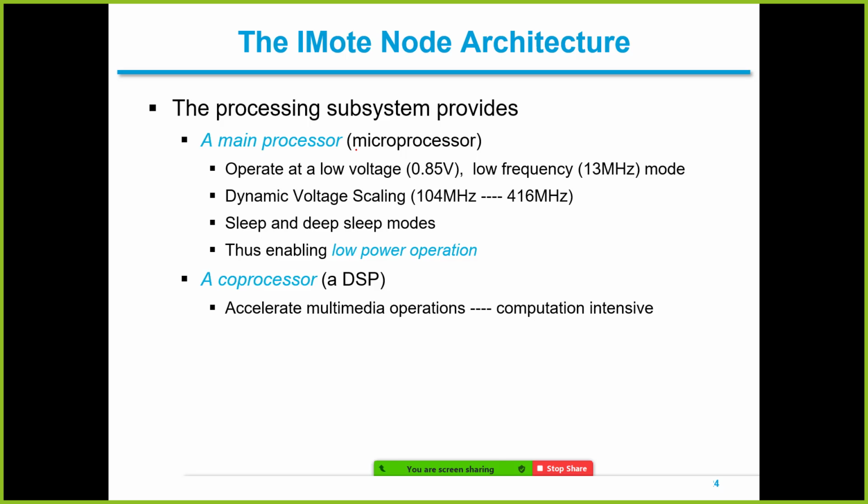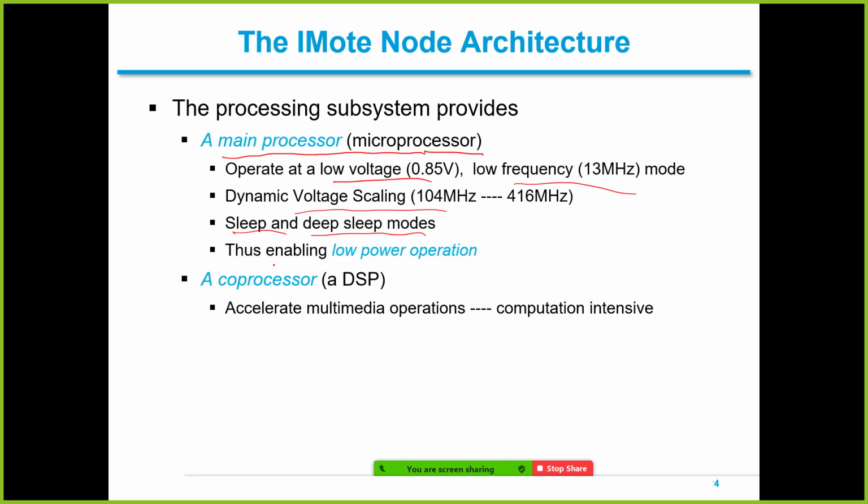The processor subsystem has a main processor, a microprocessor. It has dynamic voltage and frequency scaling, and it has sleep and deep sleep modes.